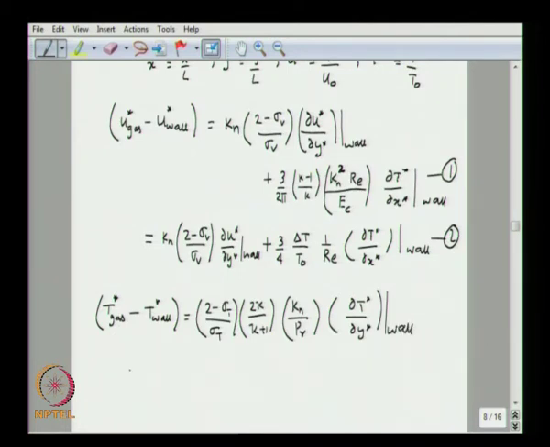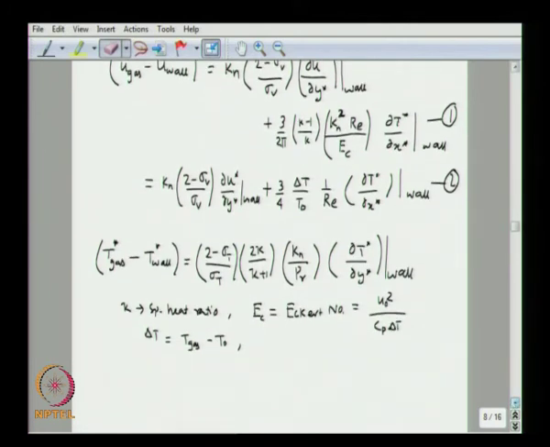Here k is the specific heat ratio, and Ec is the Eckert number, which is the ratio of the kinetic energy to the enthalpy Cp delta T, and delta T is T gas minus T0.